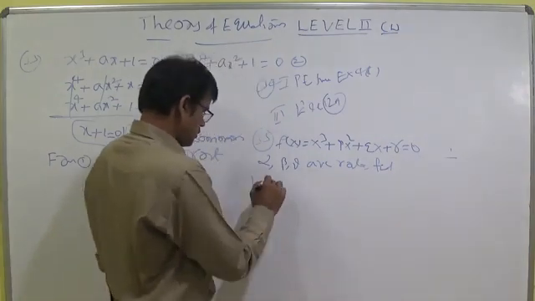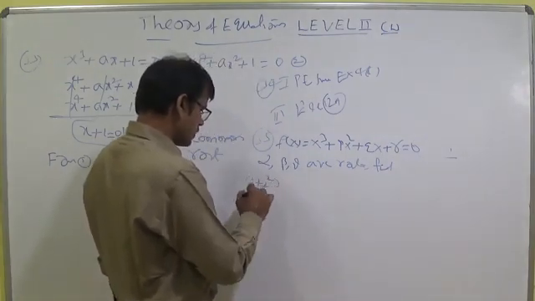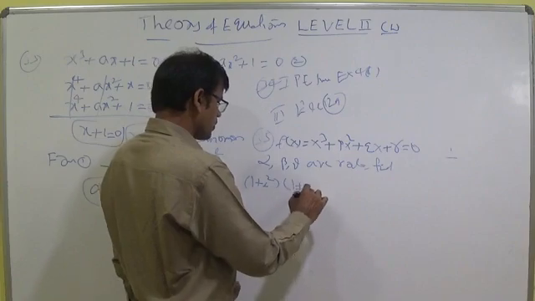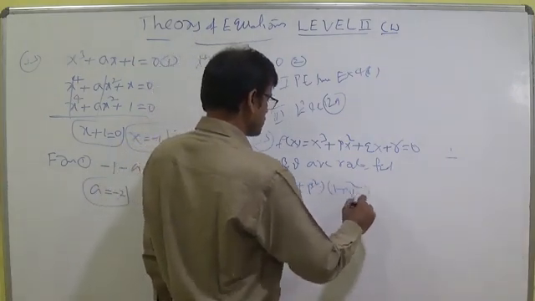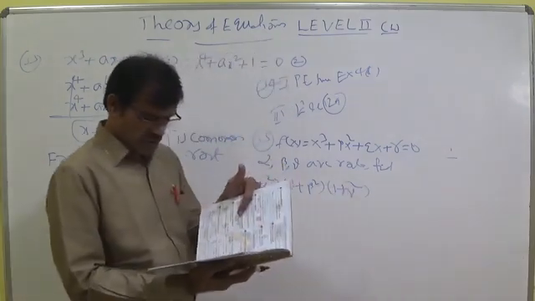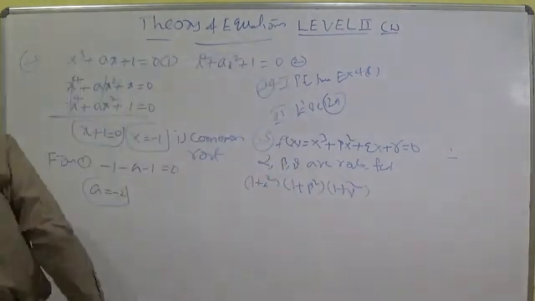You should calculate 1 plus alpha square into 1 plus beta square into 1 plus gamma square.